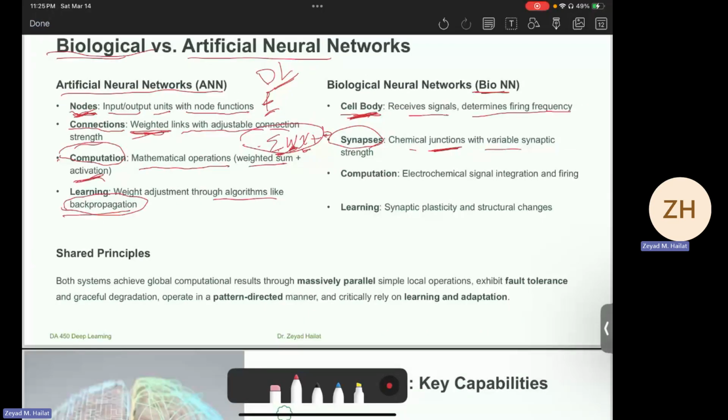The computation within biology is electrochemical signals. It comes from chemistry that has been translated into electric signals, with signal integration and firing. So they are just a set of rest and fire, as we learned. The learning in a biological neural network is synaptic plasticity and structural changes within the actual neuron, whereas in here it's just through backpropagation.